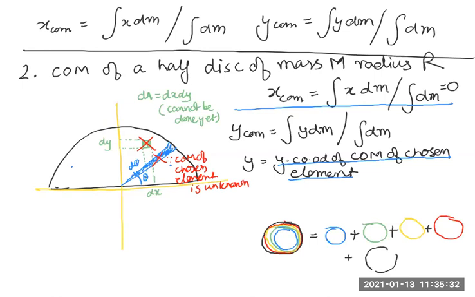Any linear object is made up of point elements.